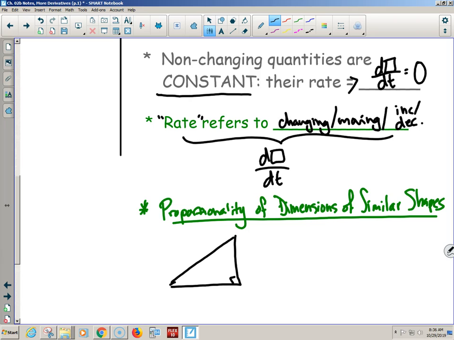But what if all of a sudden they bring in a smaller right triangle? What's the relationship between the bigger and the smaller? What does similar mean in geometry? Same what?